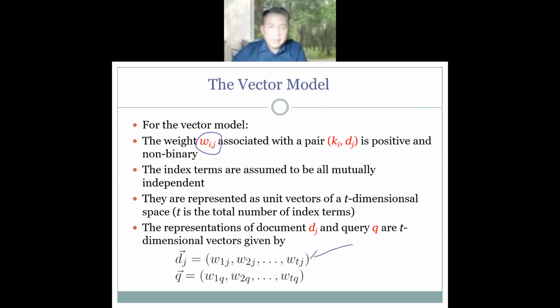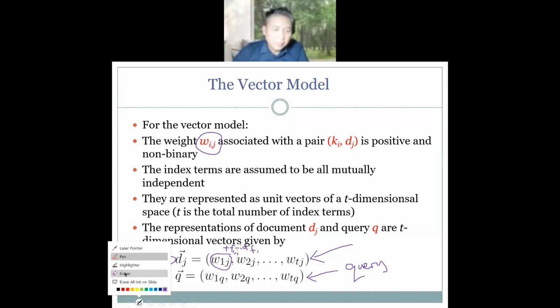And this is the vector model that we have, and this is the query that we have. Okay, so you know how to compute this, where this is represented by TF-IDF. This is the term frequency of keyword i in document j, and this is the IDF of keyword i.